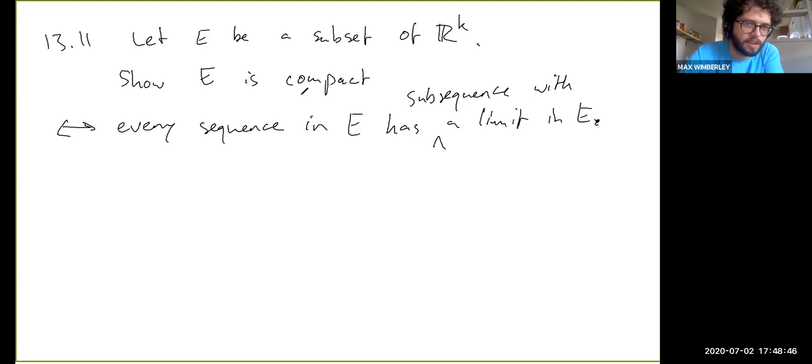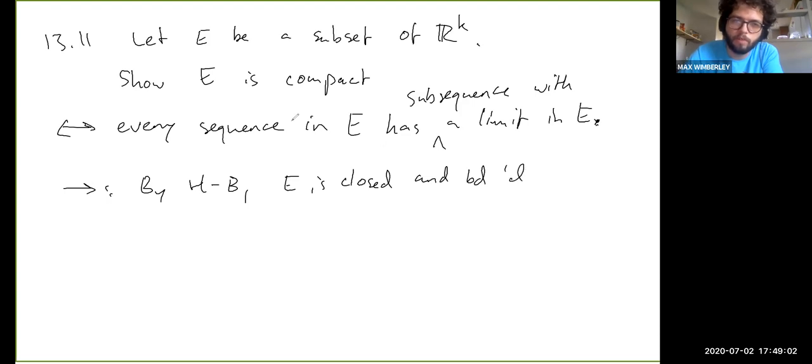So if you go forward, that's pretty straightforward. By Heine-Borel, E is closed and bounded. It's actually a little bit more nuanced.